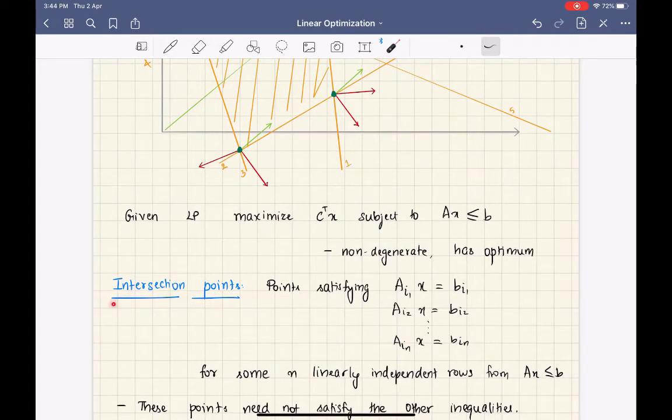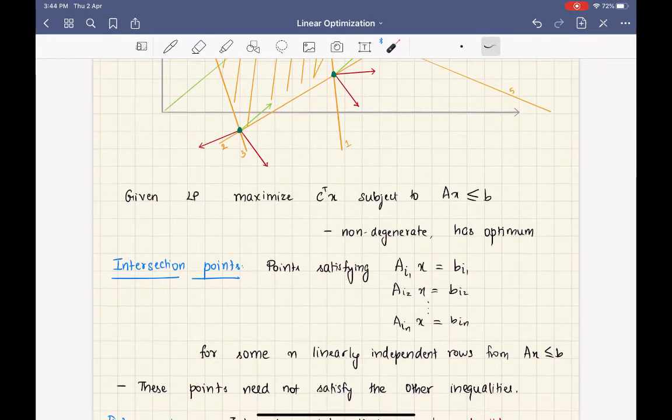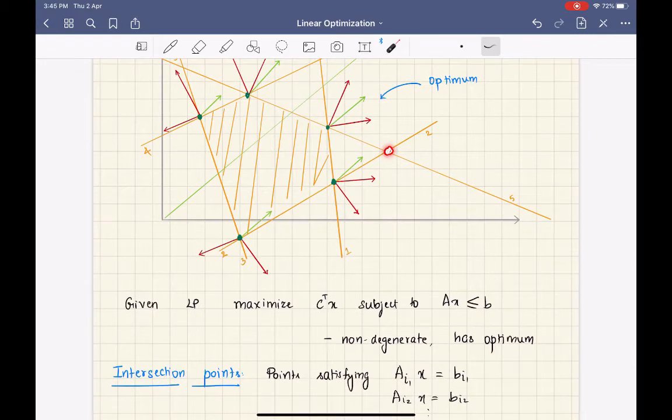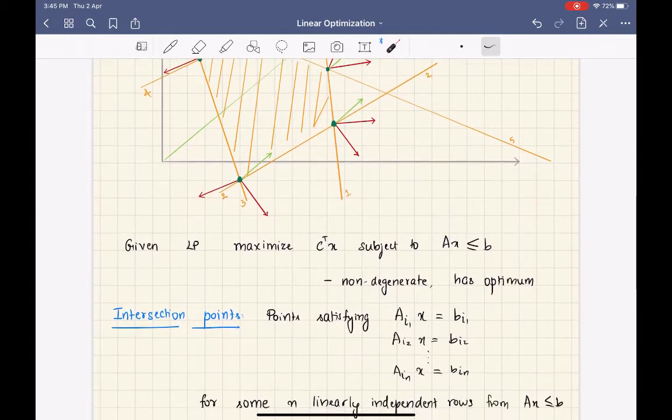In the n-dimensional case, you choose some n hyperplanes and make the constraints equalities. We are not going to care about the remaining constraints. So these are points satisfying equality for some n linearly independent rows from Ax less than or equal to b, and these points need not satisfy the other inequalities. Here, this point does not satisfy this inequality.